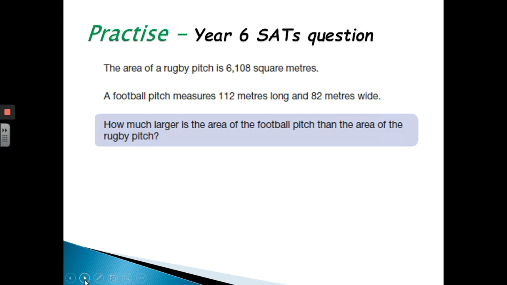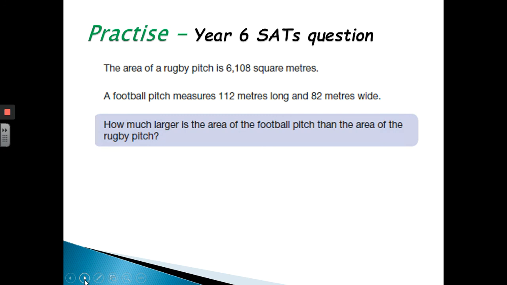Okay, now that you've paused it, this is how I might tackle it, and encourage them to maybe use it as a strategy. So I would do 112 times 82 meters, because those are the length and the width of the football pitch.